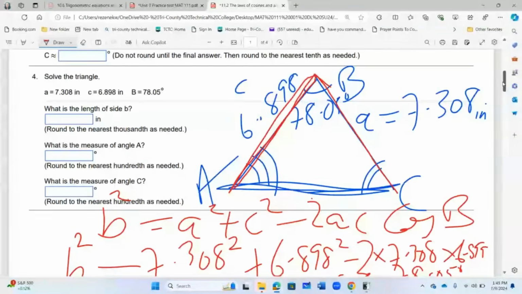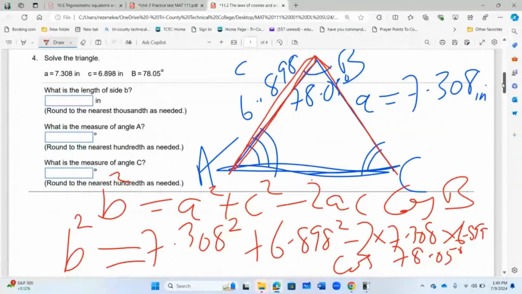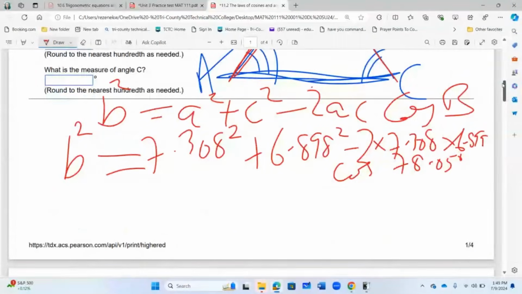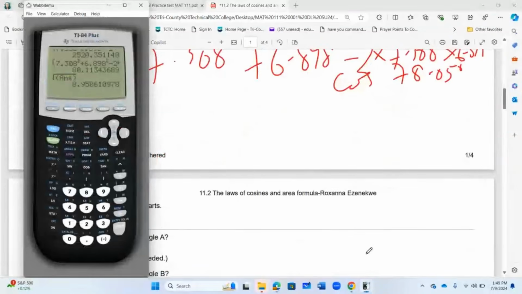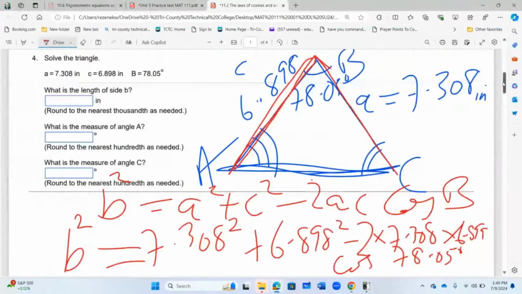By the way, we found a missing side, and that missing side is 8.95. So we go to the box: the value of B is 8.95.